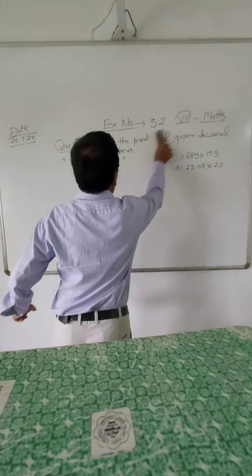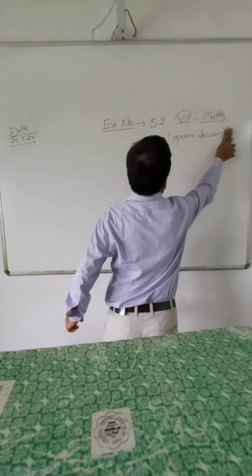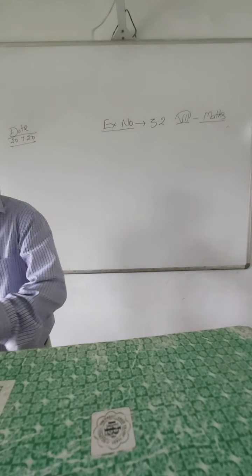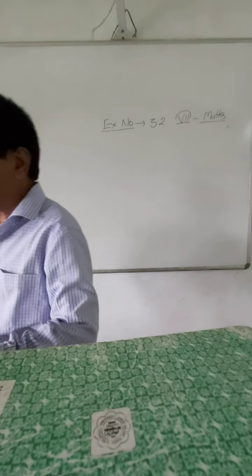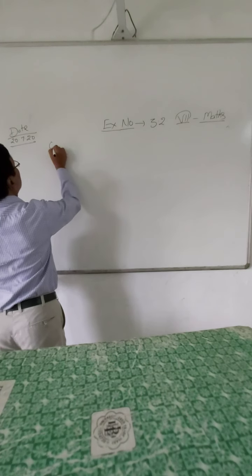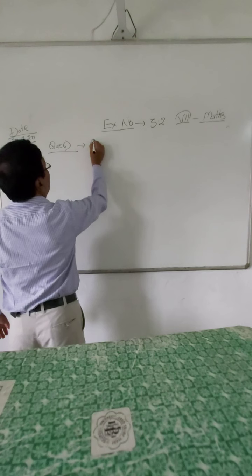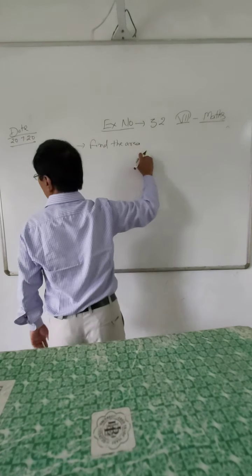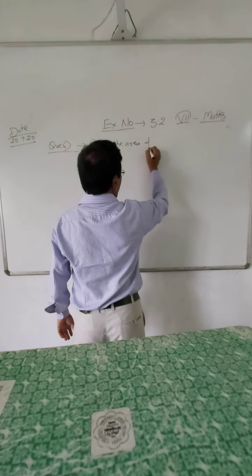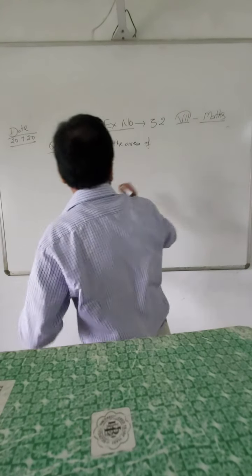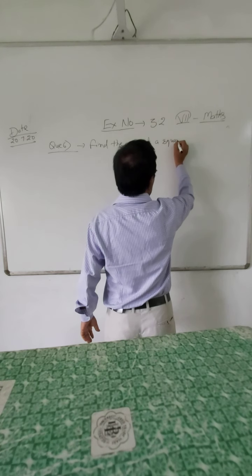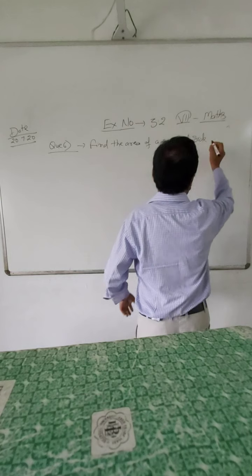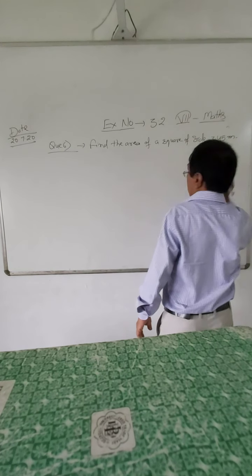Question number 6: Find the area of a square of side 3.45 meter. This is question number 6.